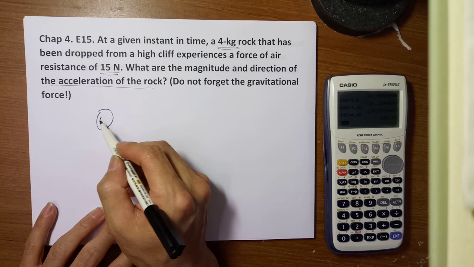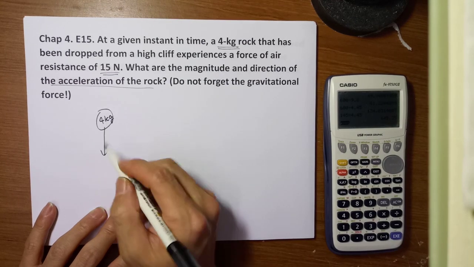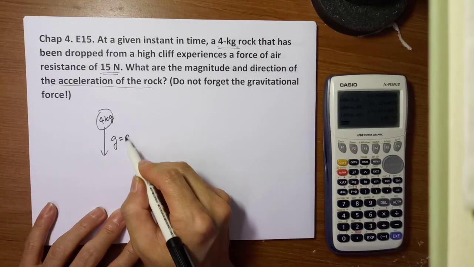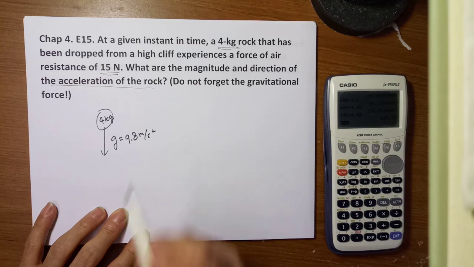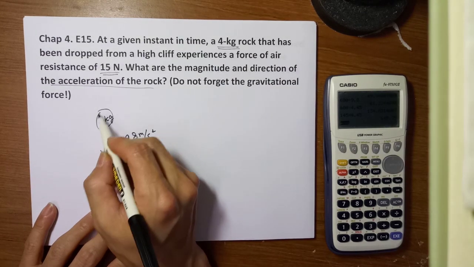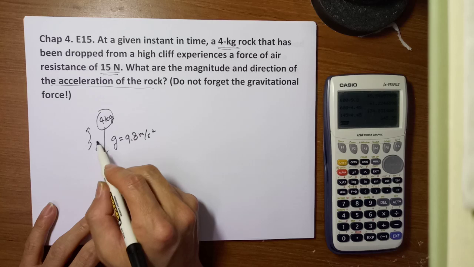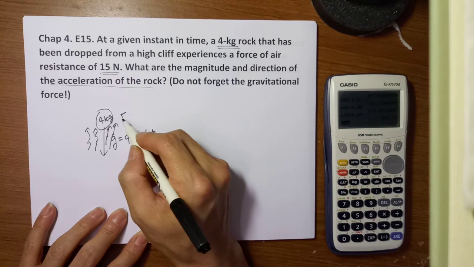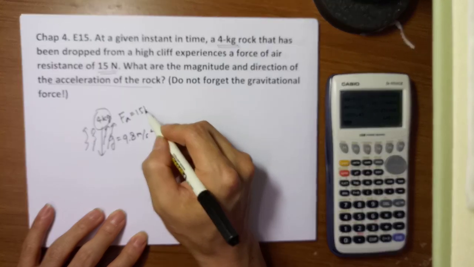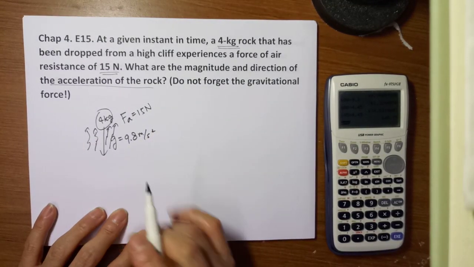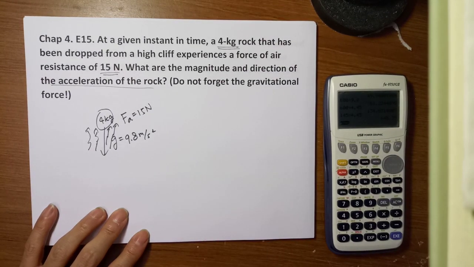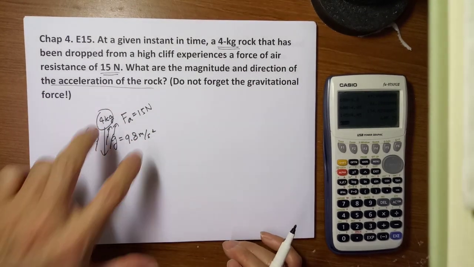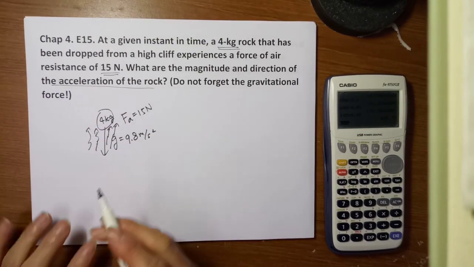Okay, 4 kilogram rock is dropped, and the gravity of this is 9.8 meter per second square, and then it experiences air resistance, right? The force of air resistance is 15 Newton, opposite direction of motion, right? Then the actual force on this, you can find the net force, right?